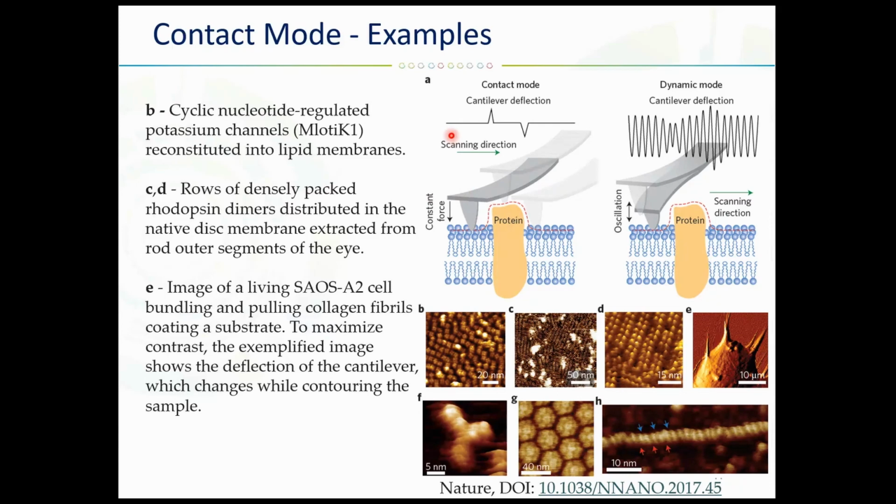So if you have to use contact mode on the biological samples, usually you would try to avoid large forces. Large force means it should be larger than 100 piconewtons. So everything that is below might work for a sample.